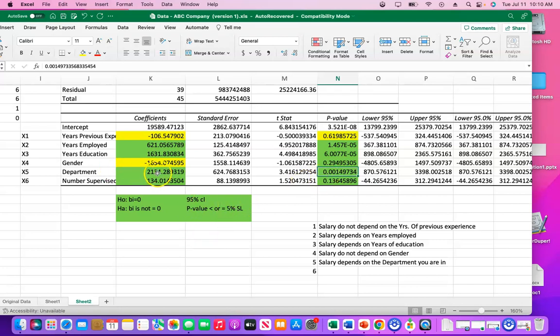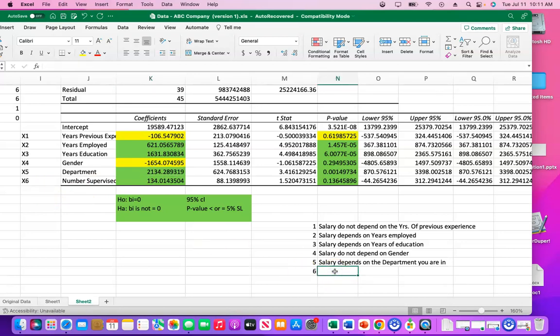And therefore, the slope for the department, we can say, is significant. So when you change from one department to another, your salary will change significantly. That's what it means.